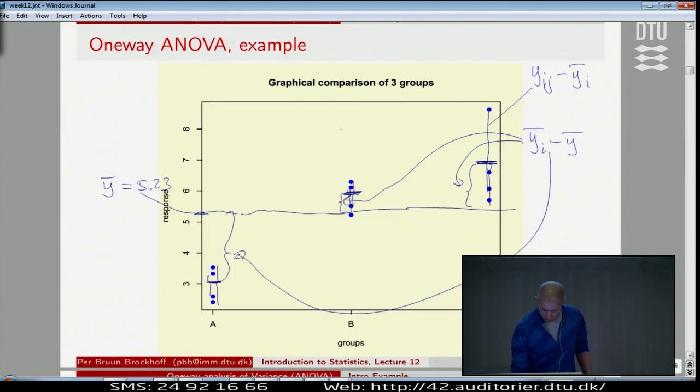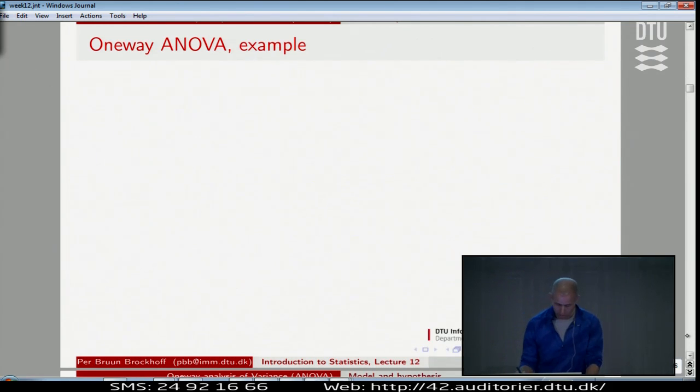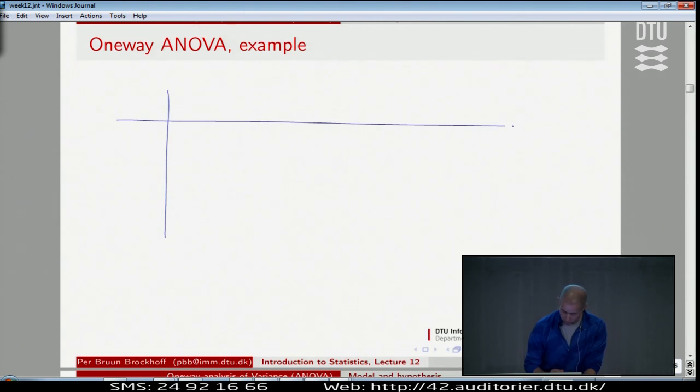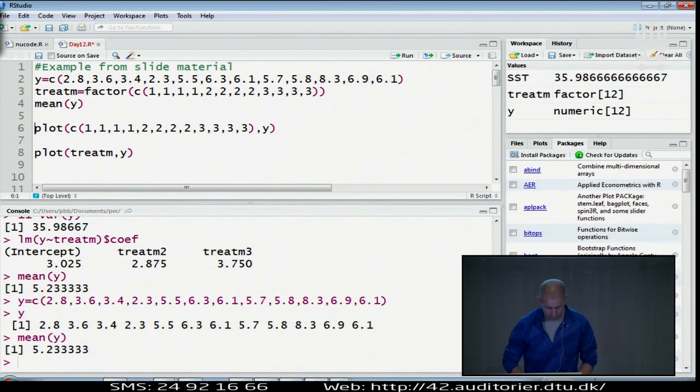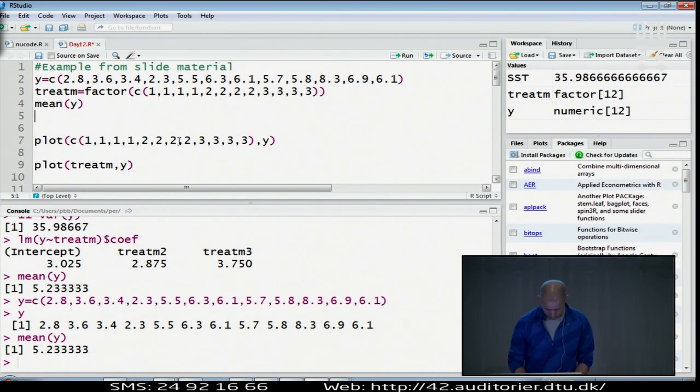If we take those, that would mean that we would start computing each yij minus yi. Let's make sure that we get the mean of the first 4 measurements.